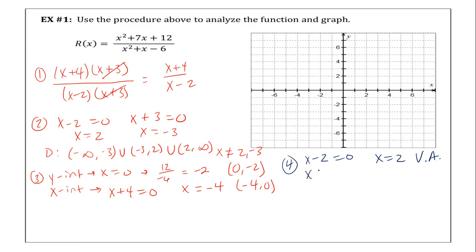Our hole was at x plus 3. Why is it a hole? It's eliminated, right? It was in both the numerator and the denominator. So we have a hole, and our hole is at -3, what?